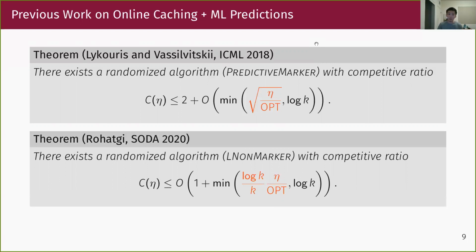In recent work, Rohatgi improves on this bound by showing that you can actually achieve a competitive ratio that depends only on log k over k times eta over opt. And so in a regime where eta over opt is comparable to log k, the latter bound is better.